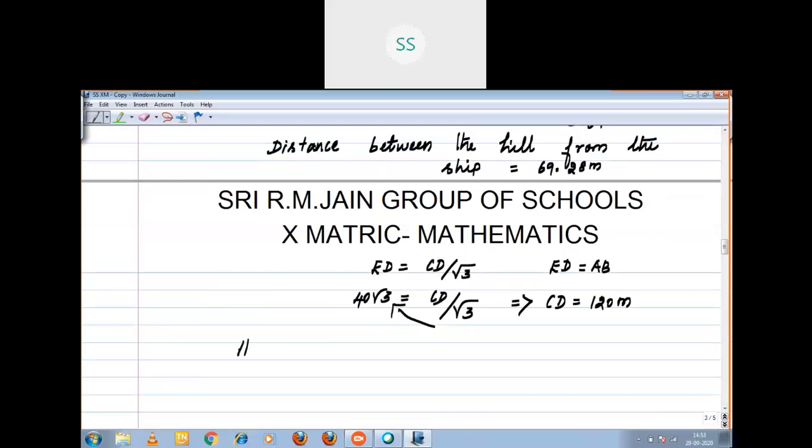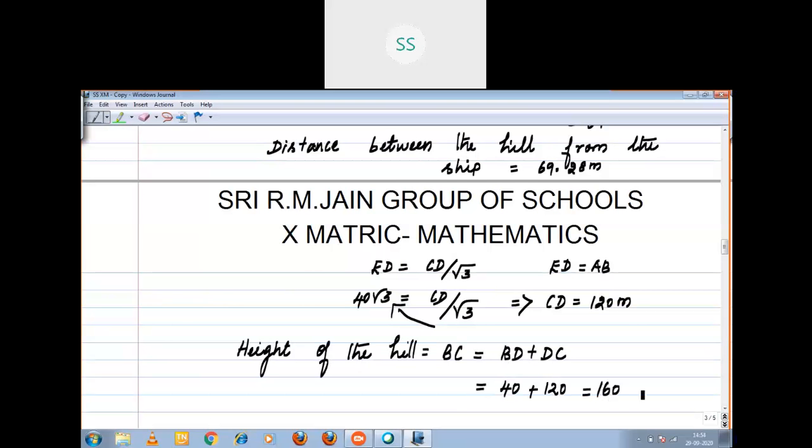They are expecting height of the hill, right? What is height of the hill? CD is our hill, right? Height of the hill equal to BC, which is equal to BD plus DC.